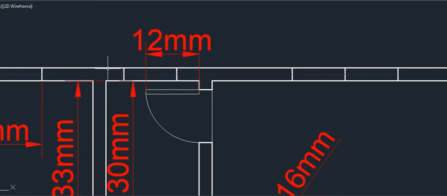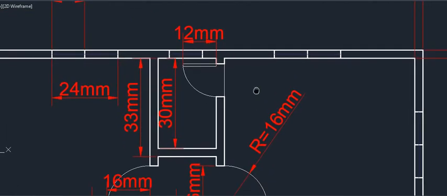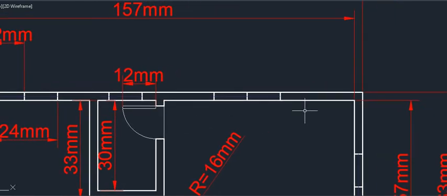So the wall, the partition, and the window are all thick lines, or object lines, or visible lines, and the rest are just thin lines.